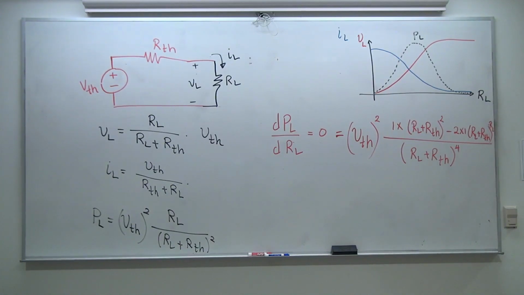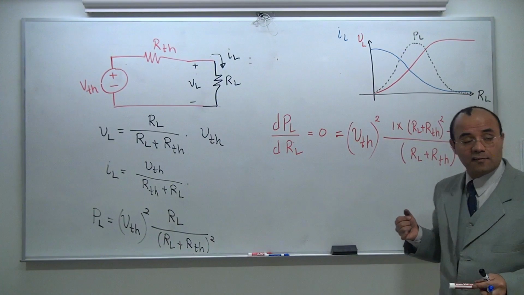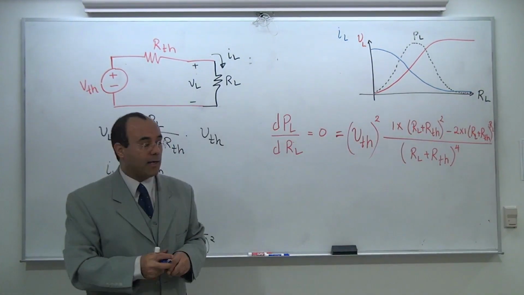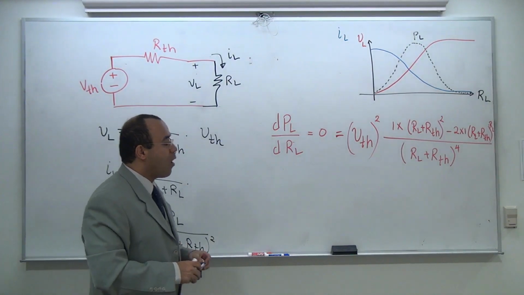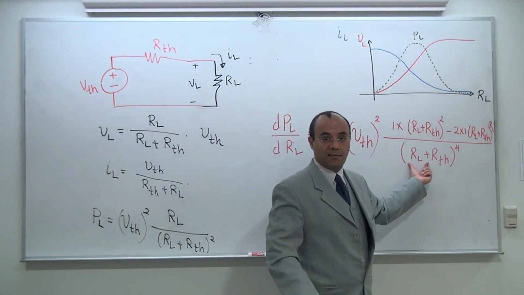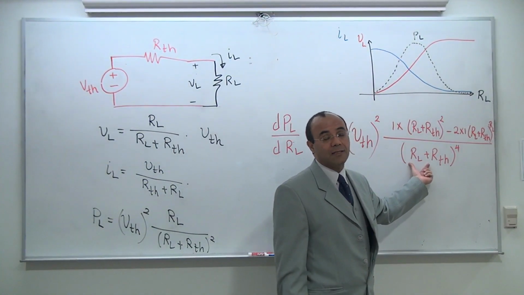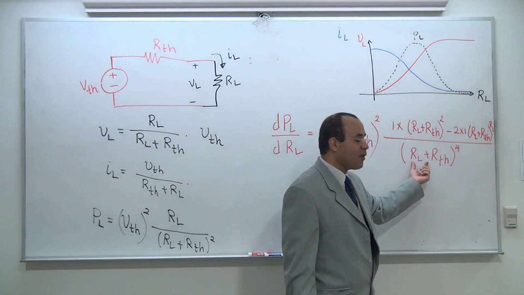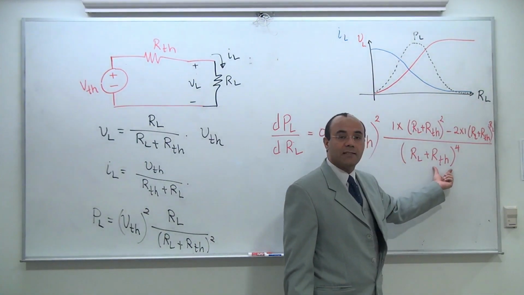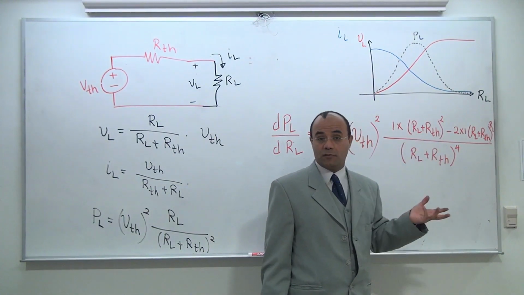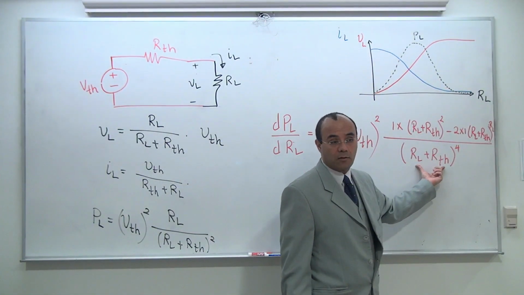Now I want this to be 0. A same scenario requires me that V Thevenin is a non-zero element. Also, I'm not expecting RL to be negative in this class. RL could be negative in the 4th year class, but not in this class. So because RL is positive and R Thevenin is positive, the summation of the positive is not going to be 0 at all.